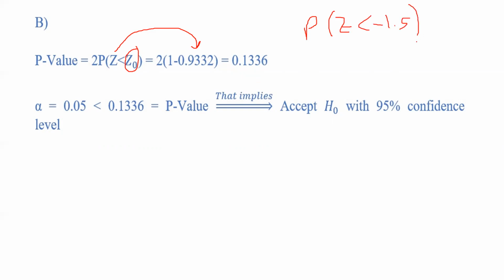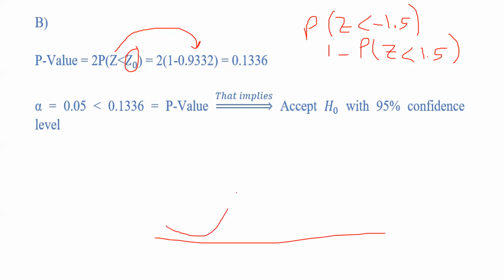So you may say in our paper that we usually receive the tables related to positive z values. When it is negative, what should I do? Then I told you also about this one before. Then you can calculate it using the complement because we have a symmetric case. So when we talk about normal distribution, this probability when you have minus 1.5, and here we have 1.5.